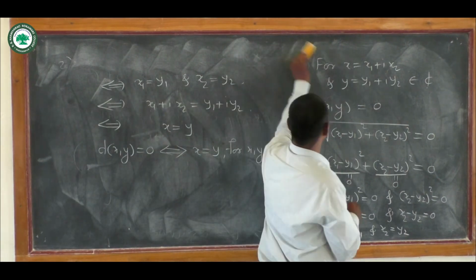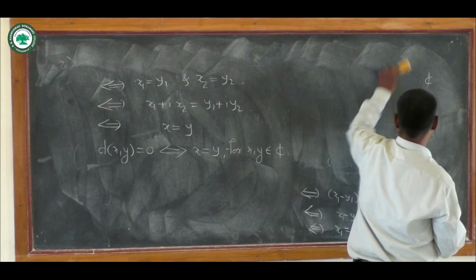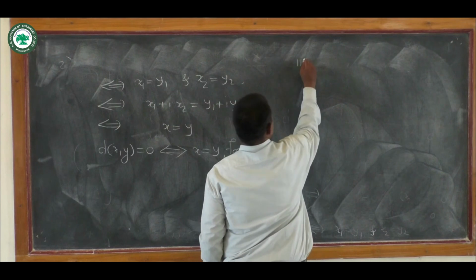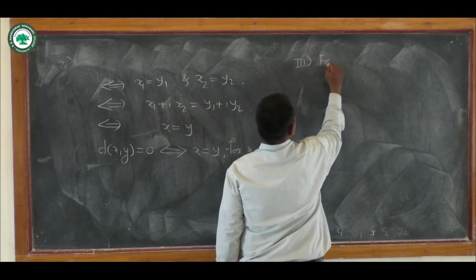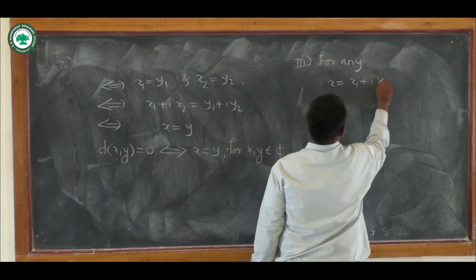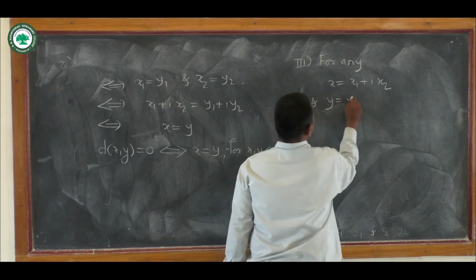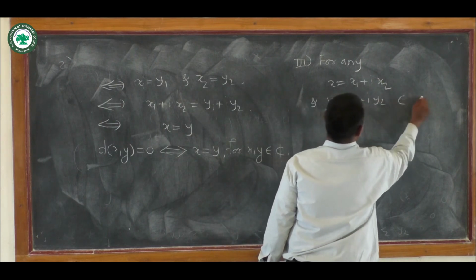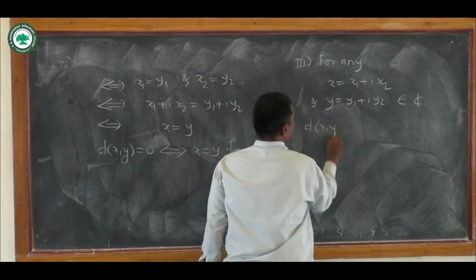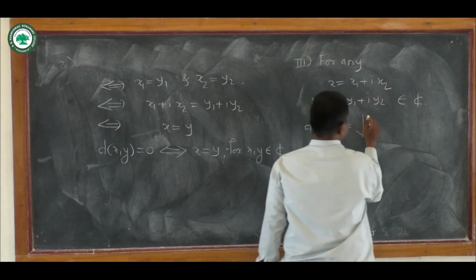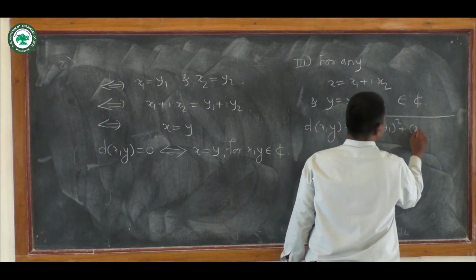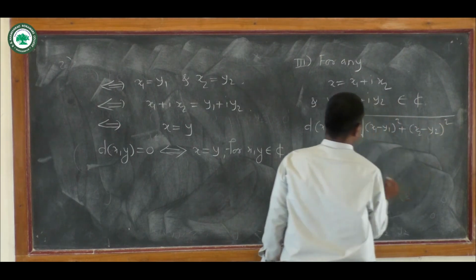For the symmetry condition we take two complex numbers, x equal to x1 plus i x2 and y equal to y1 plus i y2 belonging to C. Now the distance between x and y is square root of (x1 minus y1) square plus (x2 minus y2) square.